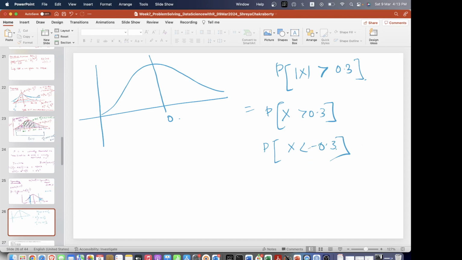So this one we can write as 2 into probability x greater than 0.3. Here we have 0.3, here we have minus 0.3. So we actually wanted the area above this line and below this line. Since these are equal, if we have information on any one of these areas, then we just need to double it up, exploiting the symmetric nature of this curve, and then we have the results.